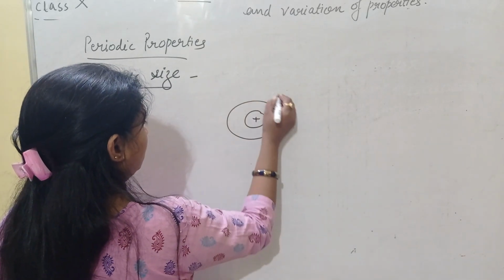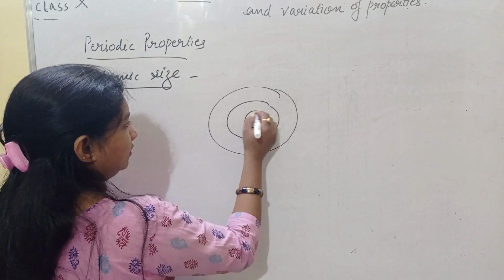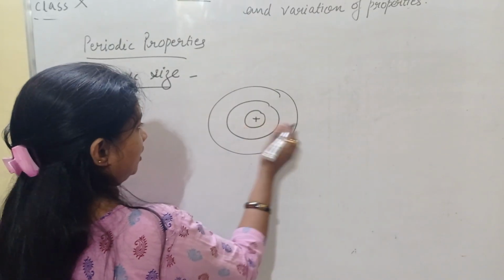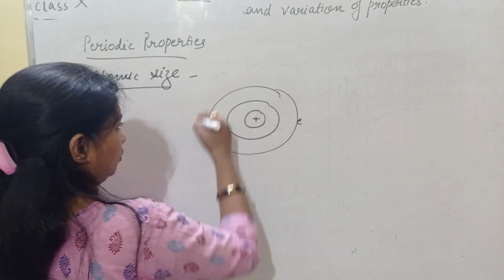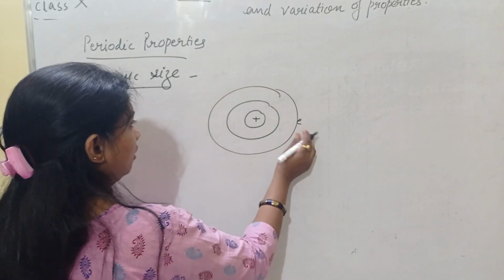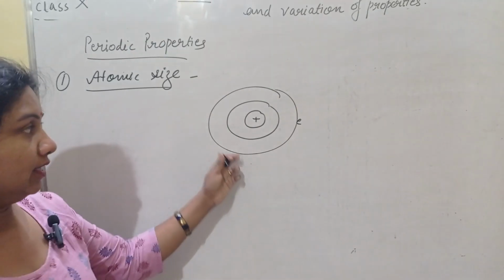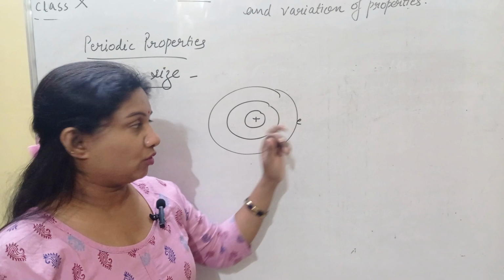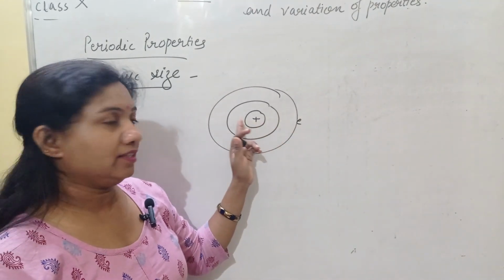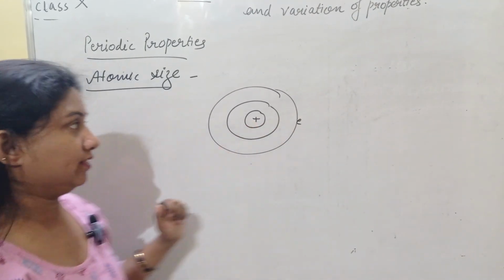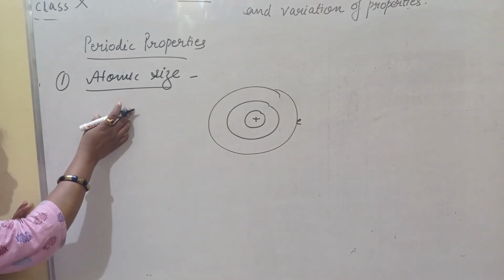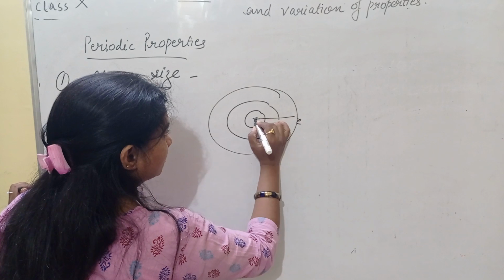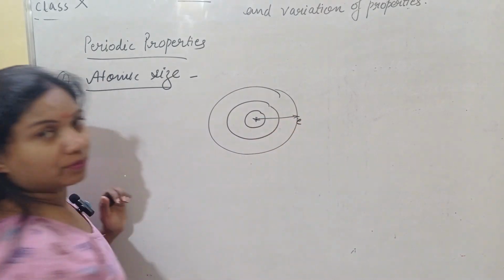This is the structure of an atom, and we know that in the center there is a nucleus having positive charge, and electrons revolve around it in circular orbits. This is the outermost electron in this particular case. It has two shells and a centrally placed nucleus. When I'm talking about atomic size, it is the distance between the center of the nucleus and the outermost shell. This distance is atomic size.